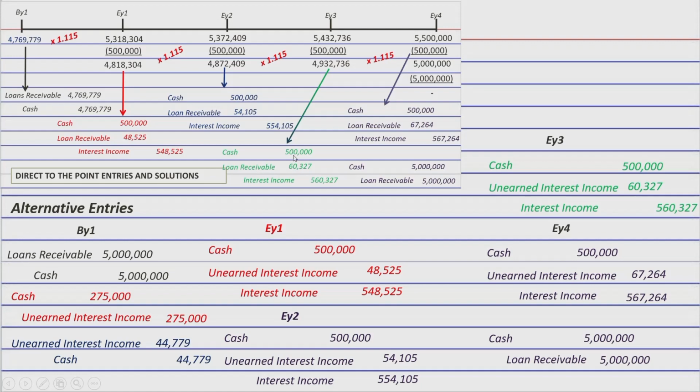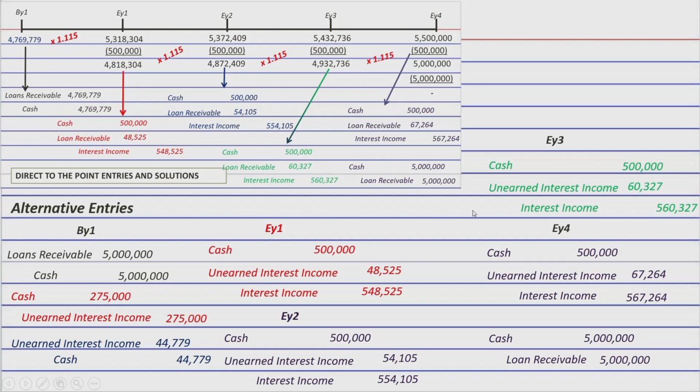That is why the loans receivable account kept fluctuating every end of the year, because the direct to the point entries do not use the unearned interest income account. But again, the substance of these two sets of entries is very much the same.